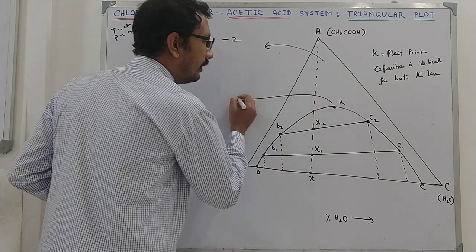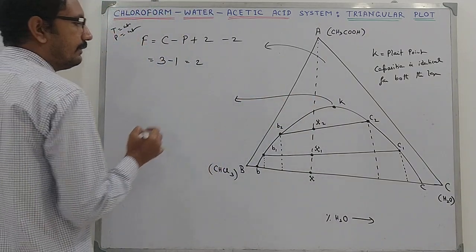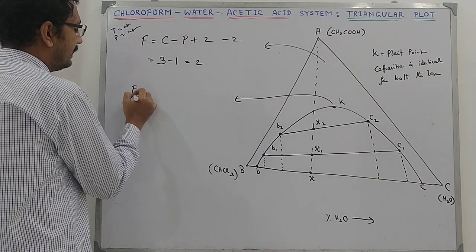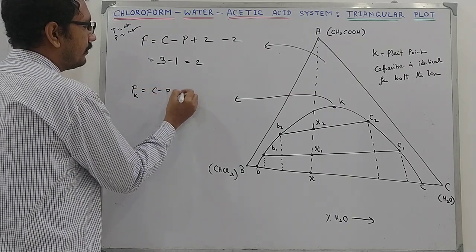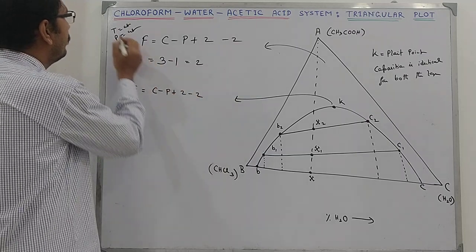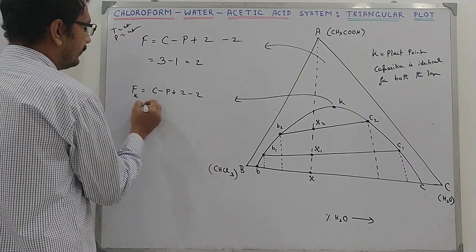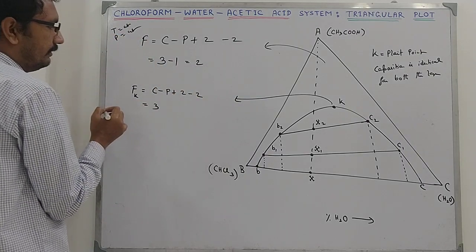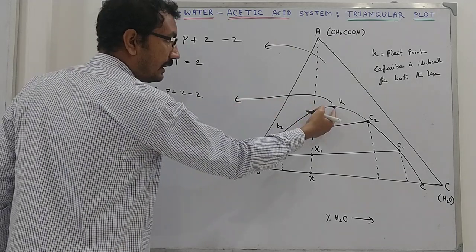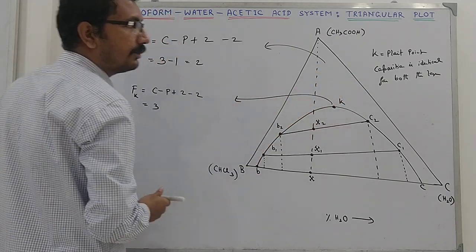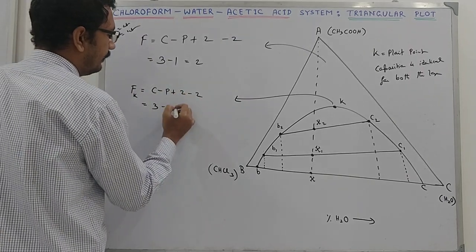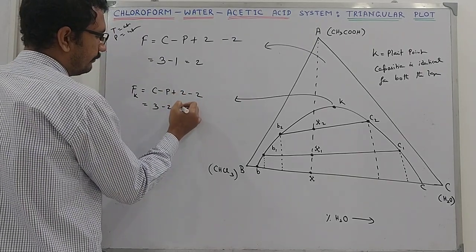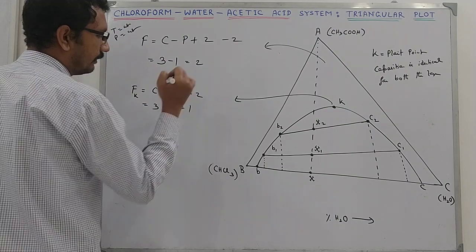Now what is it at the plait point K? It is C minus P plus 2 minus 2. This will be for the temperature and pressure. Also components 3. Now this is the heterogeneous layer having identical composition in both the layers, so we have 2 phases, 2 layers. This one cancels out, so it is 1.